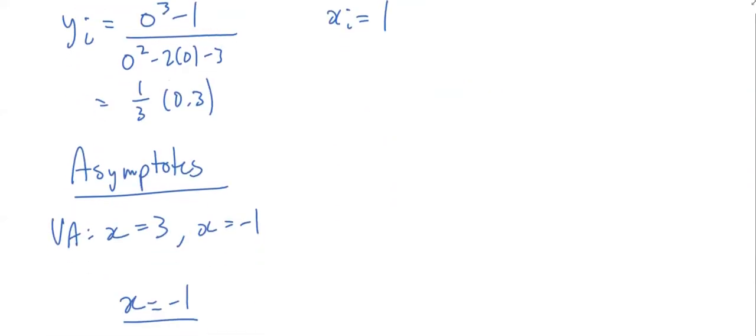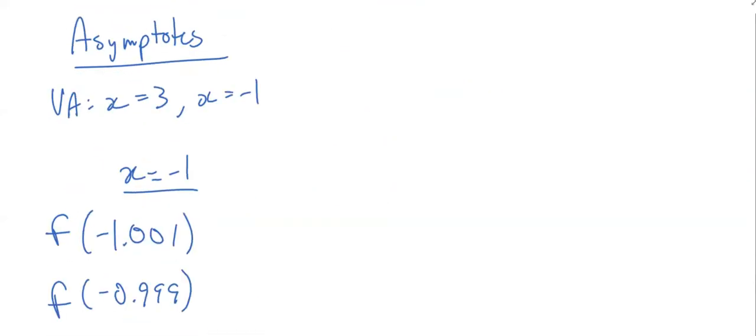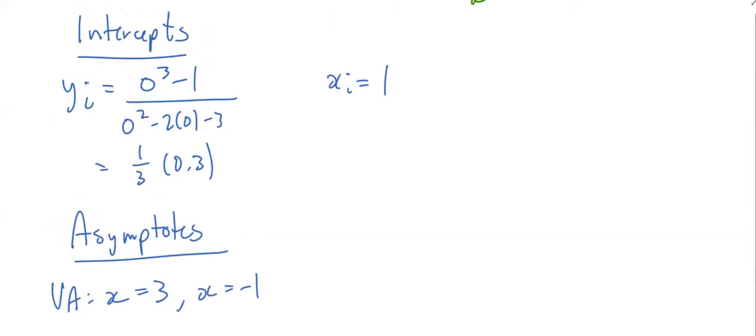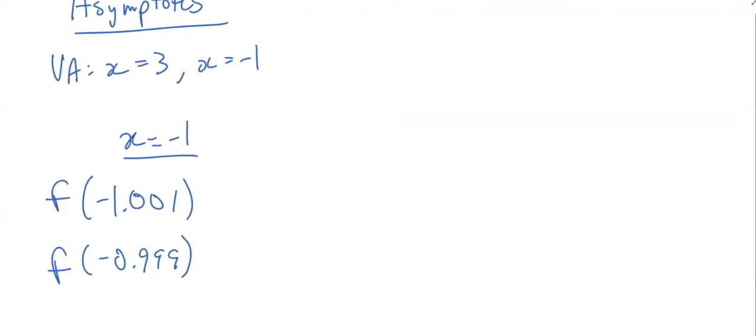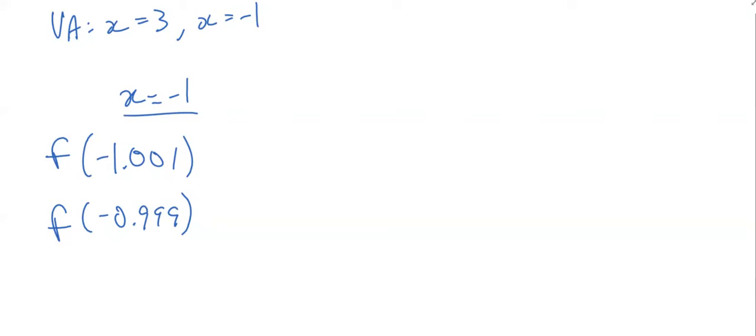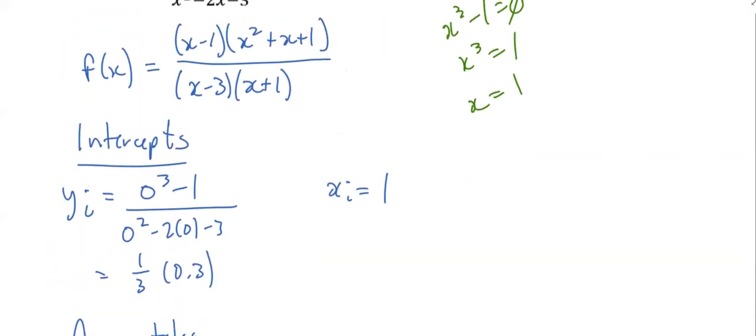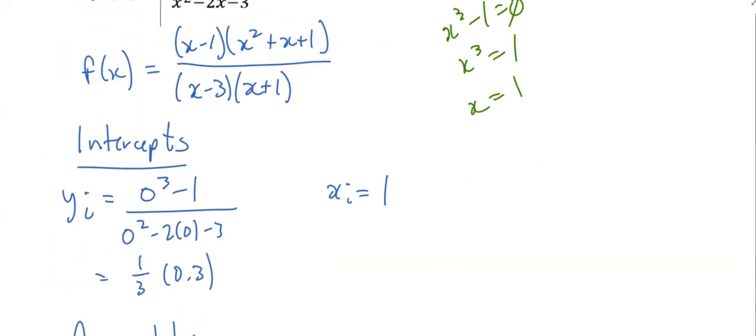So what I mean by that is -1.001 all cubed will be negative. -1 is still negative, so the top is negative. And then -0.999 minus 3 is negative. 0.999 plus 1 is positive. So it's positive.